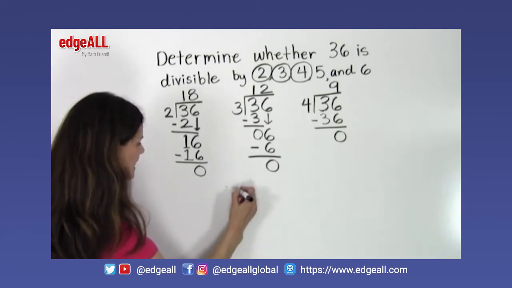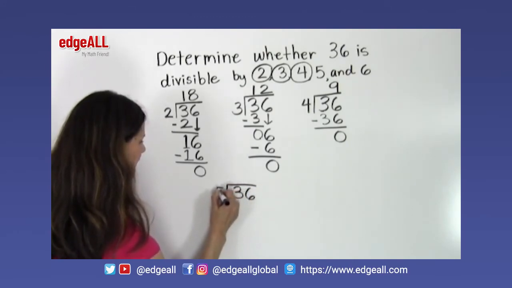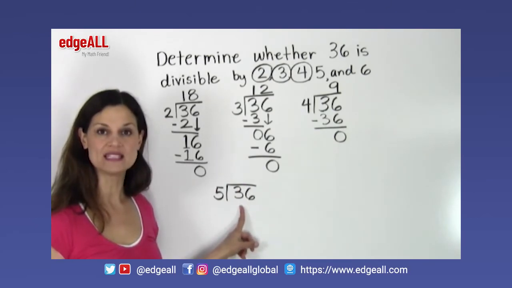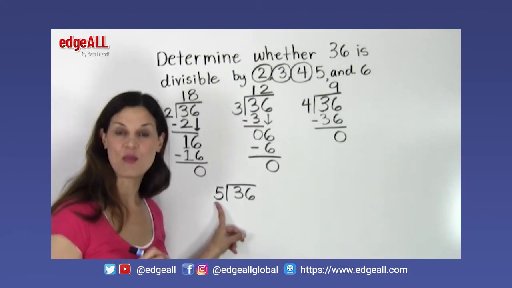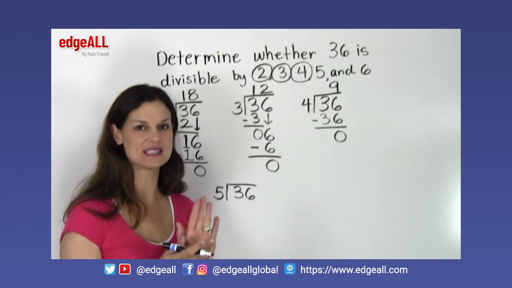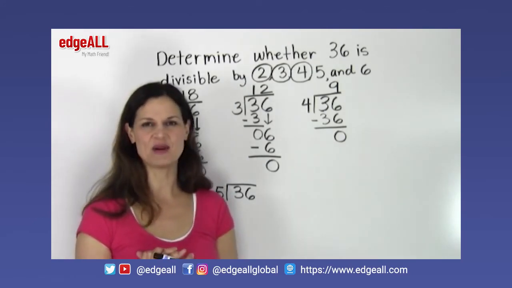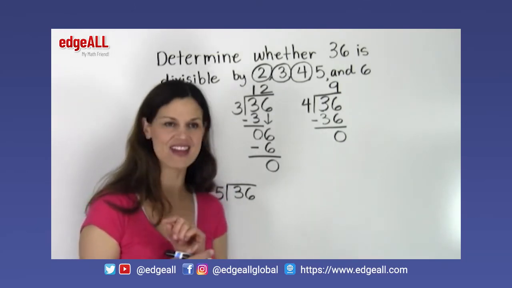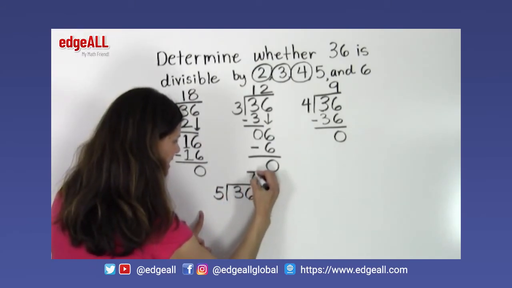I can ask myself the question, what's the largest whole number that I can multiply by 5 to get as close to 36 as possible, but be under or equal to 36? Knowing my multiplication tables, I know that 7 times 5 equals 35, and that's the closest I can get to 36. So I'm going to place my 7 here.